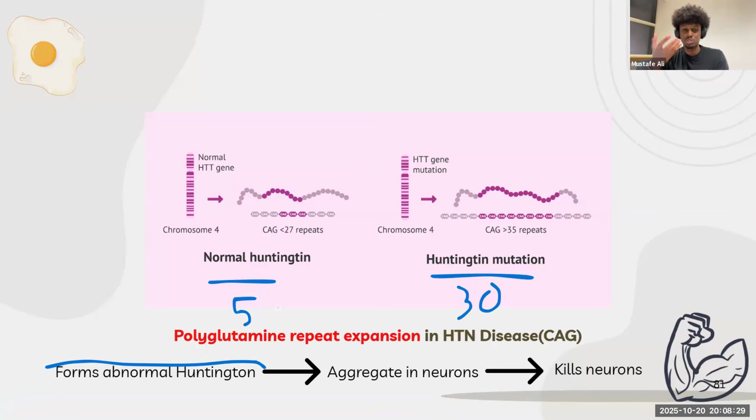It leads to there being more glutamine inside of the Huntington protein, which leads to it sticking onto one another and aggregating, which leads to it killing the neurons. Did that make sense? Okay, so let's move on.